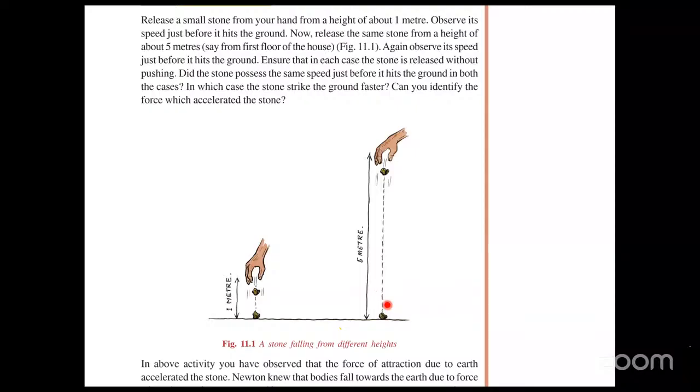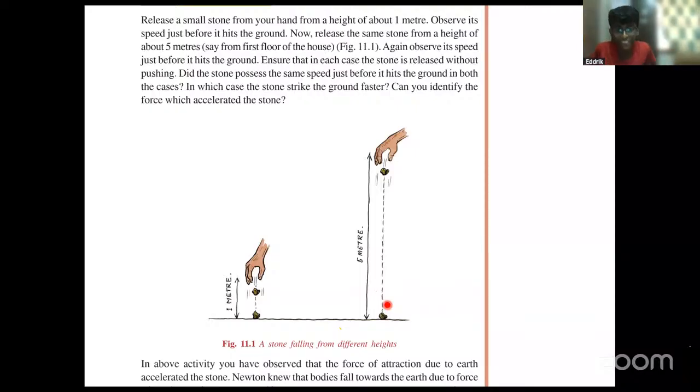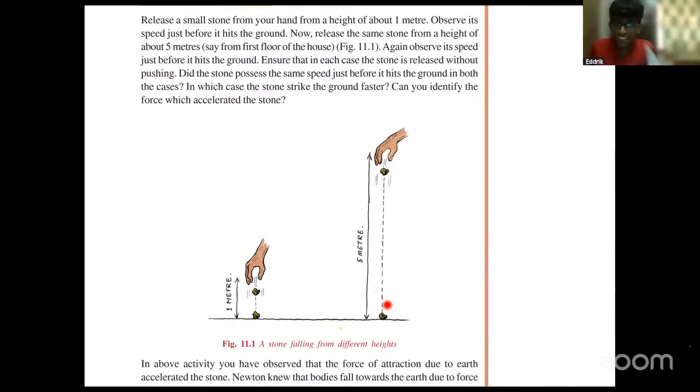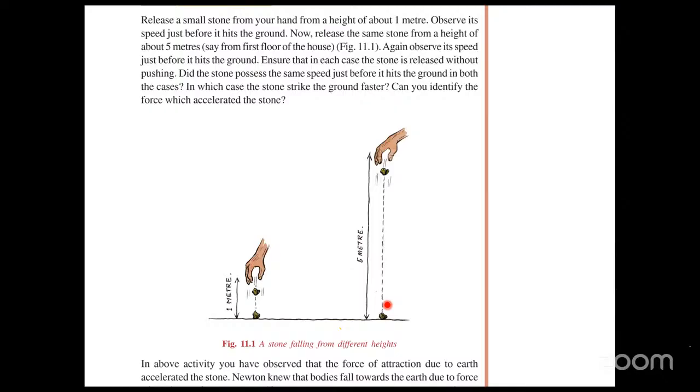Edric, which one will be heavier, 1 kg salt or 1 kg cotton? Both are same. Yeah, both are 1 kg. Joshua and Ira, both are 1 kg. So they are equal. Understood? Yes or no? Okay.